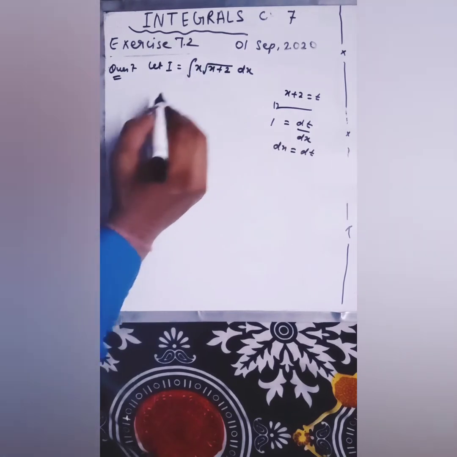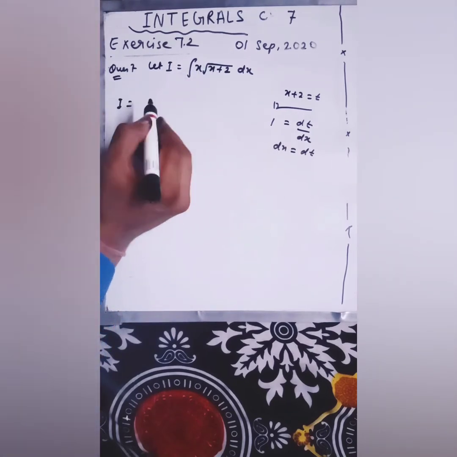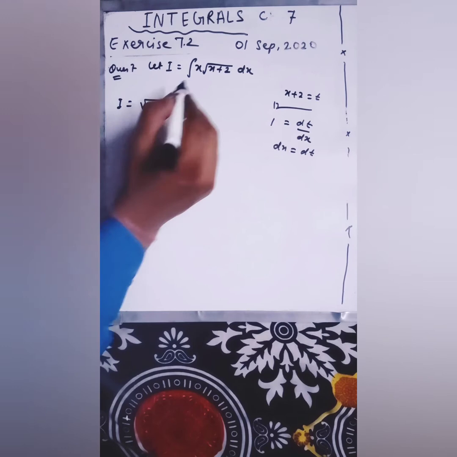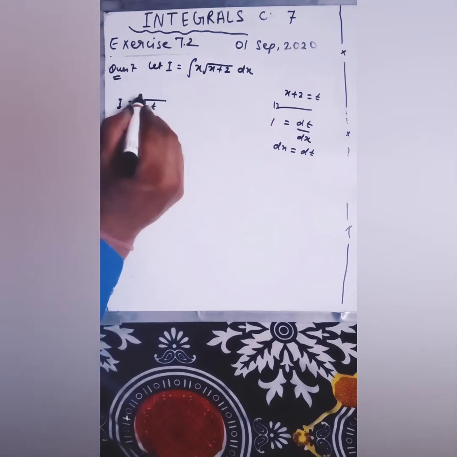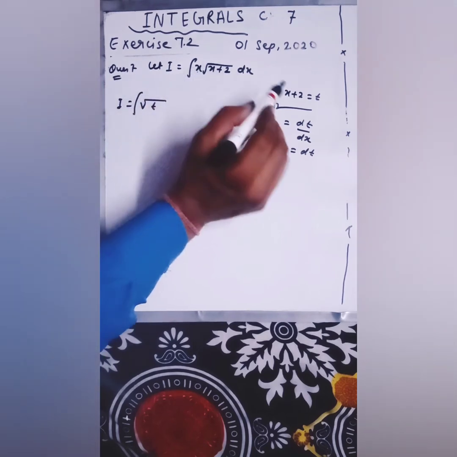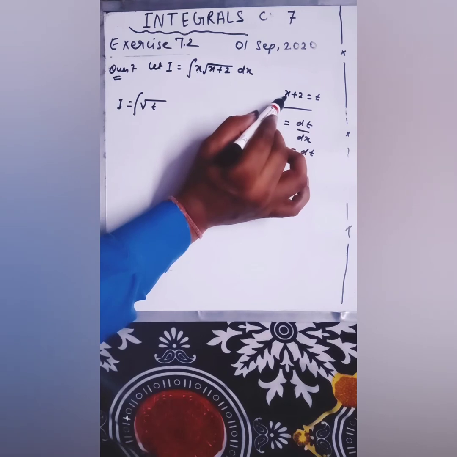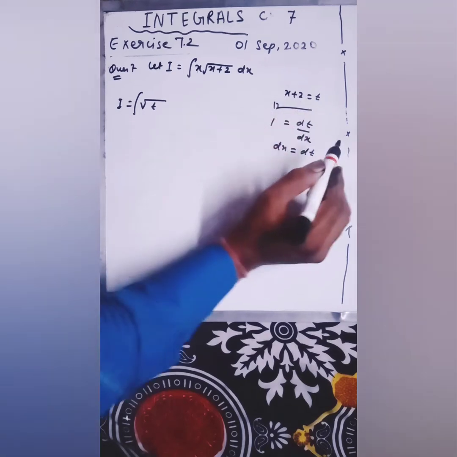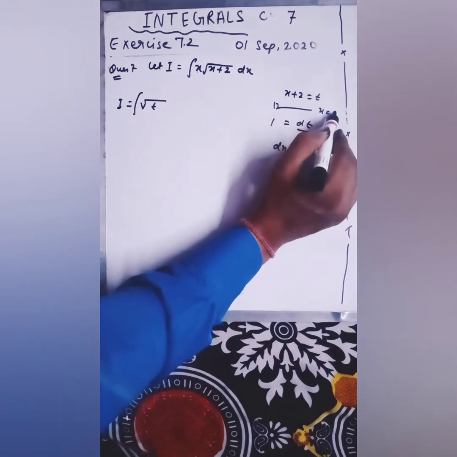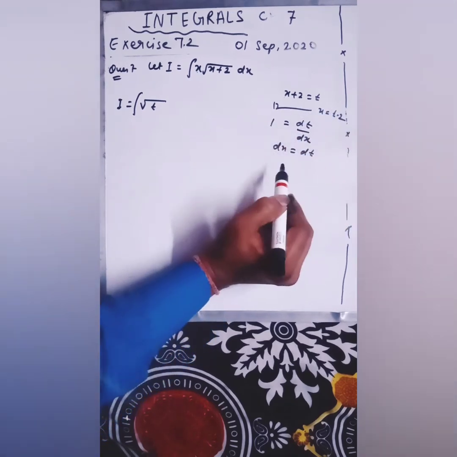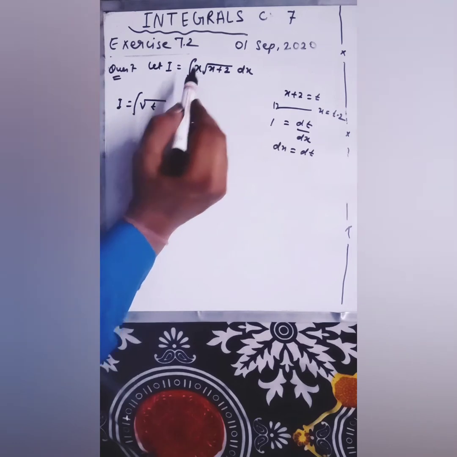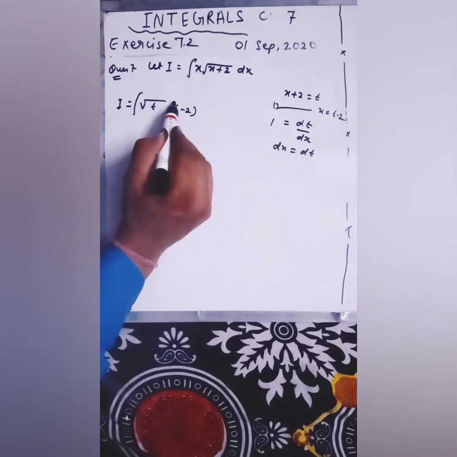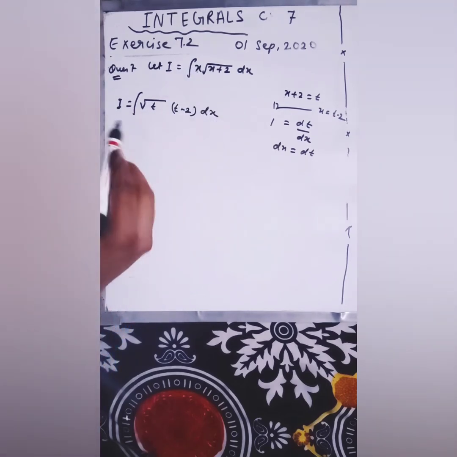Now I is equal to this x, in place of x plus 2 I'm writing t, and for this x, you will get the value of x from here. So x is equal to t minus 2. This 2 will come on this side, and you will get x equals t minus 2. So put here in place of x, that is t minus 2, into dt.